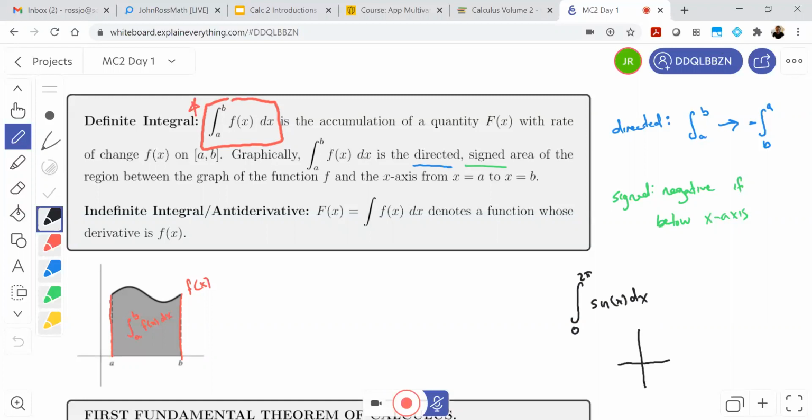Take a moment, don't say anything out loud, but think about what that might be. As a hint, here's a graph of sine, using my best attempt at artistry. There's the function sine. This is 0, this is pi, this is 2 pi.